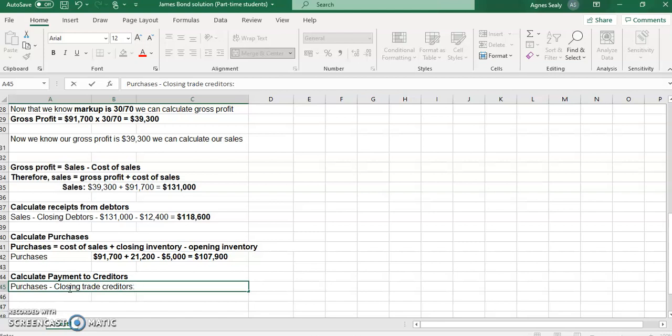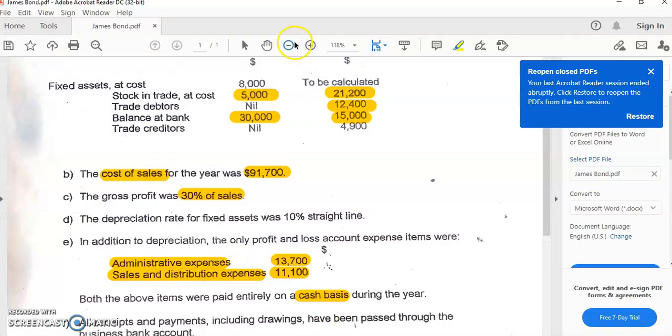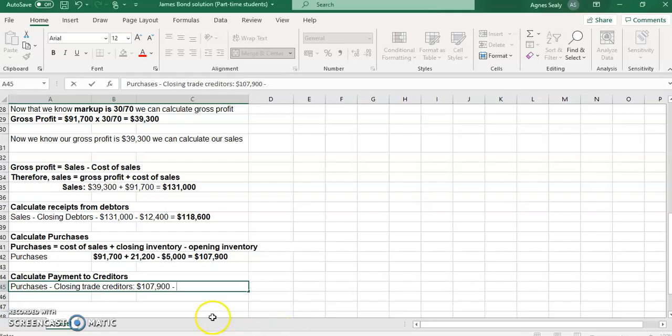which is $107,900 minus closing creditors. Let's see what they were. Our closing trade creditors is $4,900.